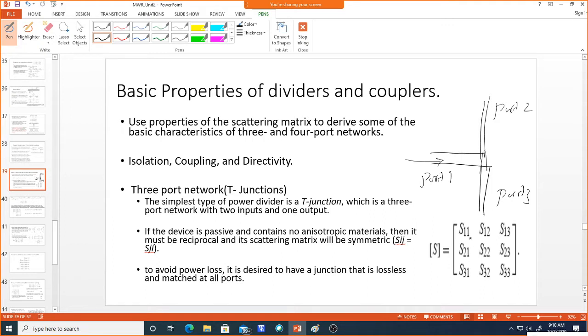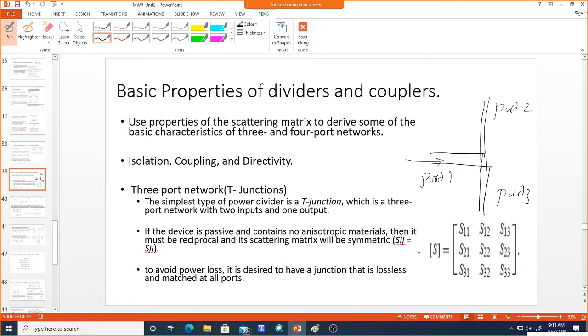Now if I substitute this matched condition at all the ports, the diagonal elements will become 0. I also assume that the network is reciprocal, that is, the T junction or 3 port network is reciprocal.